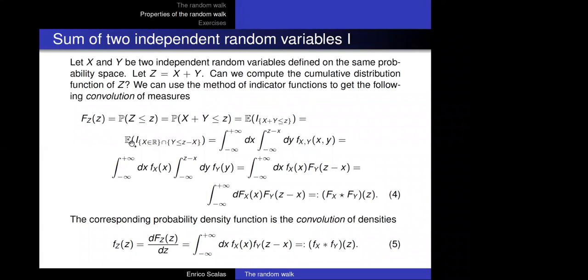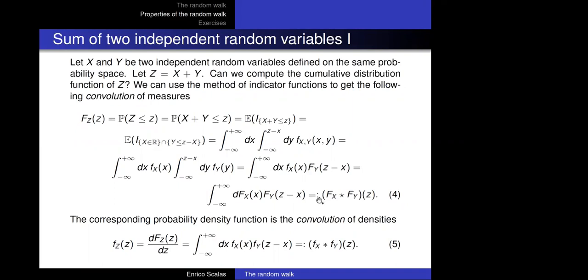So using the expectation and using then some clever representation of the set x plus y smaller than or equal to z, you can write the expectation explicitly, and then you remember that the two random variables are independent, which means that their joint density factorizes, and then you use this fact to get this formula here, which is essentially giving you the convolution of the two measures of the two cumulative distribution functions.